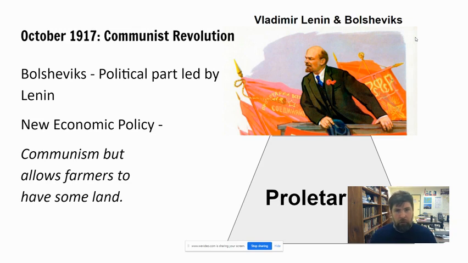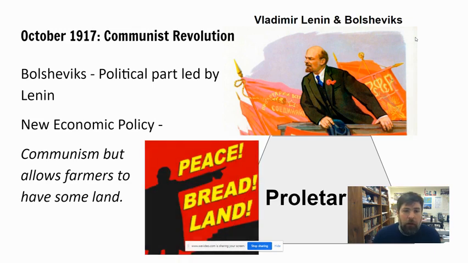So all the big stuff is owned by the government, but if you're an individual farmer, then you can own your own land, which is popular with farmers who like to own their own land. What you need to know about the New Economic Policy is it's watered down communism, where the government owns and operates everything in the economy, but they make allowances for small businesses and farmers to own some of their own stuff.